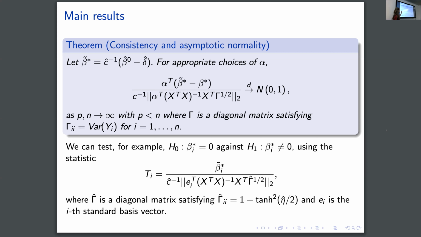All it needs is p less than n so that you get existence of the least squares estimator, because you're inverting X transpose X, so you need p less than n. But in terms of consistency, what we did to show that it was consistent for many randomly generated design matrices is we assumed that the eigenvalues of the sample covariance matrix converge. And if you look at the results in random matrix theory, they typically assume p over n converges to a constant kappa. So for that case, you would want convergence to a constant.